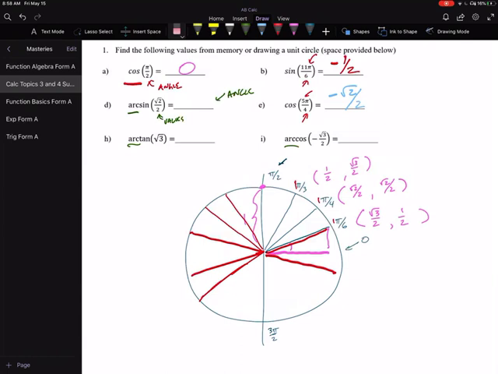Okay, so when I'm asking for arcsine of root 2 over 2, some things that you will need to remember is that arcsine only deals in the first and the fourth quadrant, and its range goes from negative pi over 2 to pi over 2.